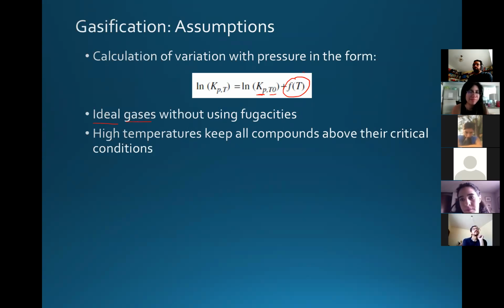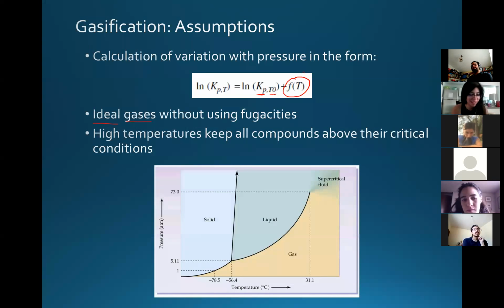And we are assuming that the high temperatures are going to keep all compounds above their critical condition. If you remember, the critical condition of any substance in a diagram of pressure and temperature is this point over here, right? After that particular pressure and temperature, we can't condense a vapor into a gas.